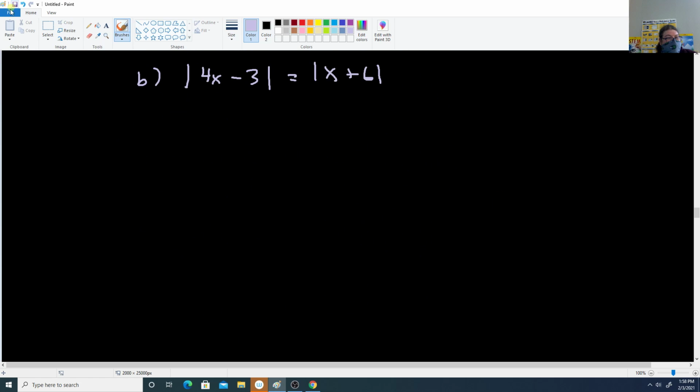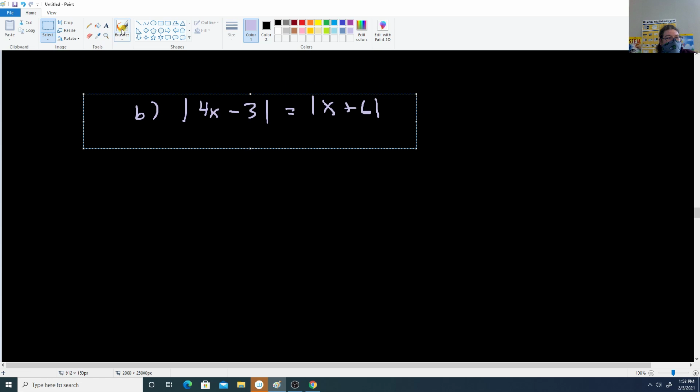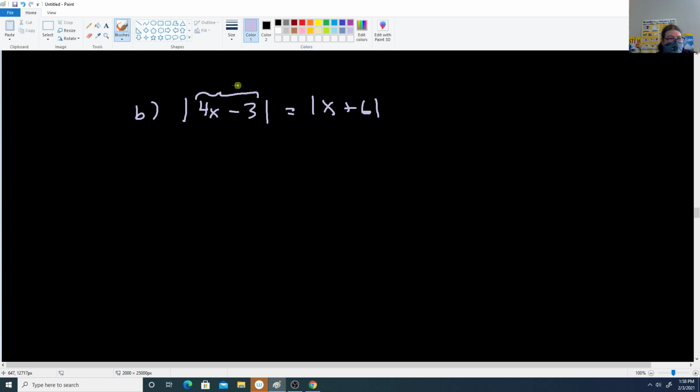So part B is going to be dealt with in kind of a similar way. If we think about it, if we replace the interior here with x plus 6, then this would be absolute value of x plus 6 equals itself, so the equation would be true.